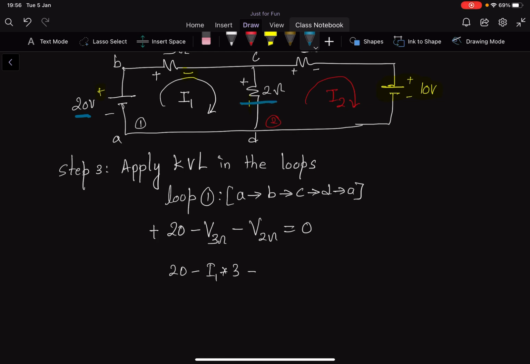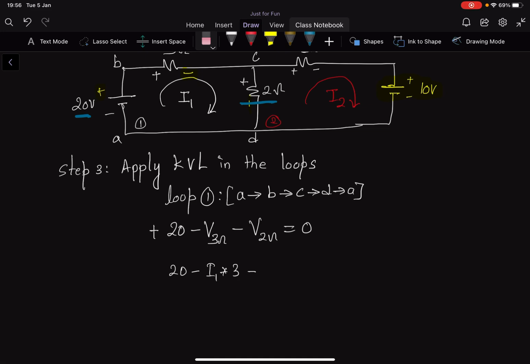That means not only I1 will pass through there; the effective current between I1 and I2 is going through the 2 ohm. So you can't simply write just I1. You can't write simply I1 times 2. That's going to be wrong. What do you have to do? You have to find the effective current which is going through R2.